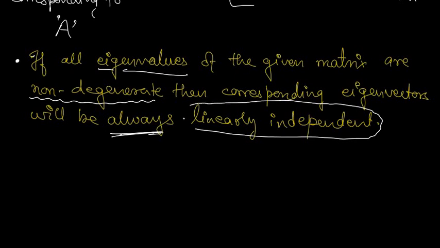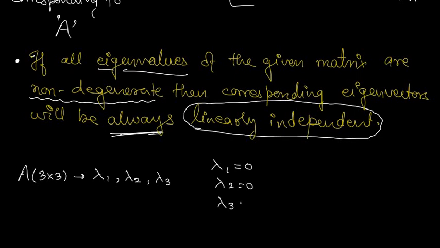What do I mean by non-degenerate? Suppose there is a matrix A, for simplicity a 3 cross 3 square matrix. Let's say its eigenvalues are lambda 1, lambda 2 and lambda 3. For example, lambda 1 is equal to 0, lambda 2 is equal to 0, lambda 3 is equal to 1. You can see that two of the eigenvalues are equal.